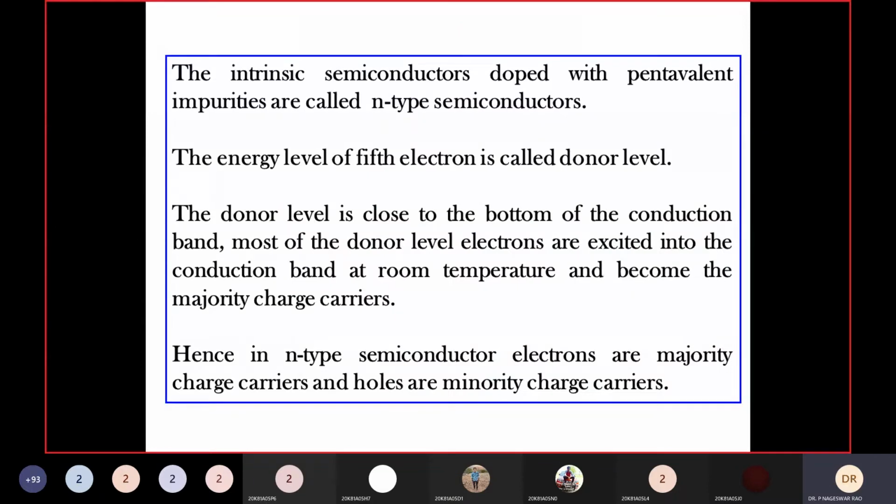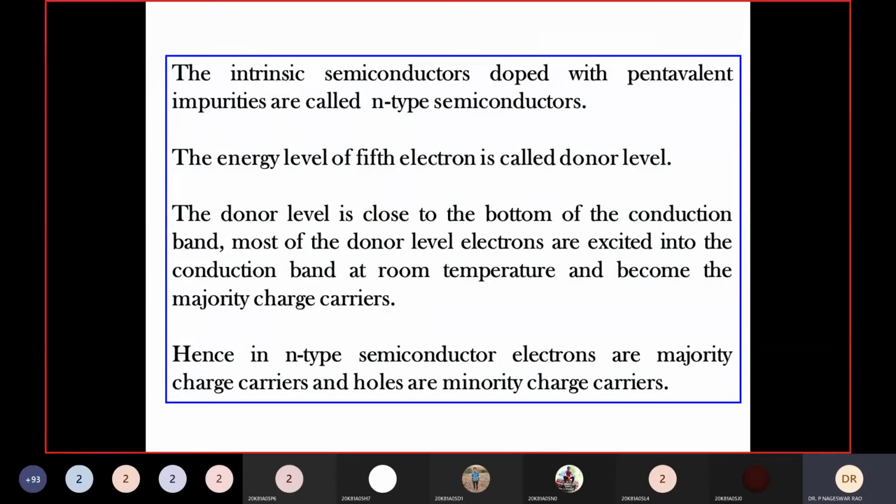Here we are doping. If you take one semiconducting material and dope phosphorus, just 1 or 2%, how many free electrons will be present? There are nearly 10 to the power of 16 to 10 to the power of 20 free electrons per unit volume.